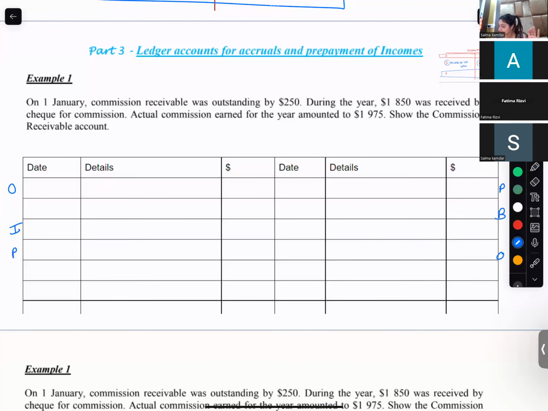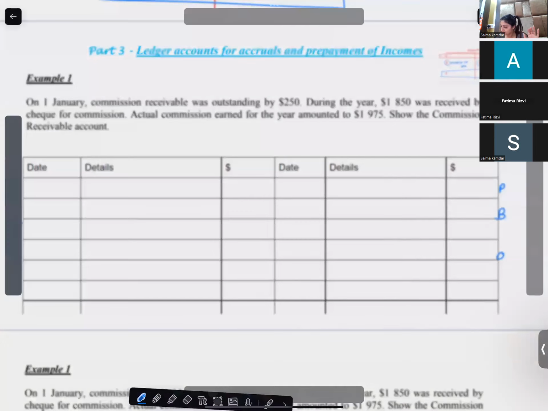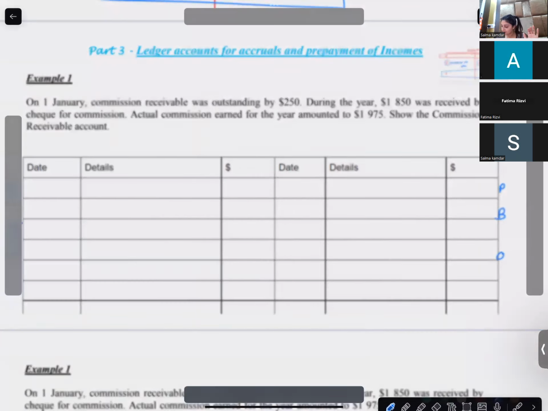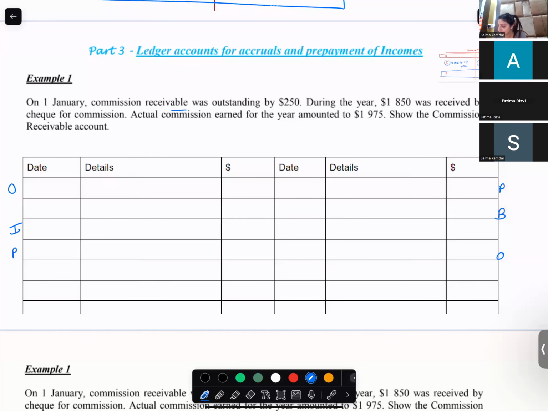They've given the outstanding balance, the balance brought down on the debit side, on the first date. So on Jan 1, I will write balance brought down $250. Are you with me?